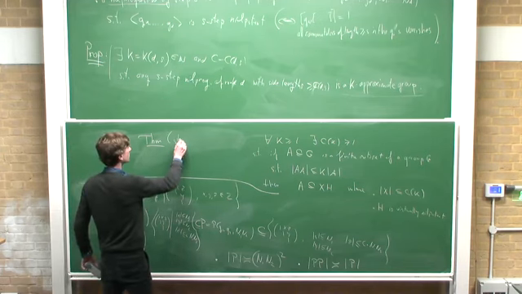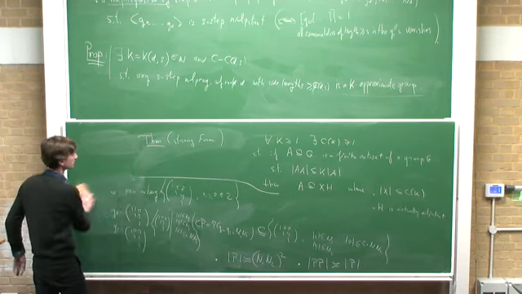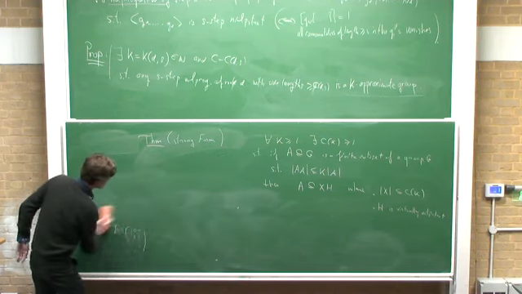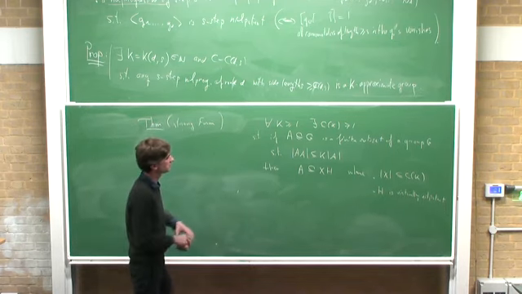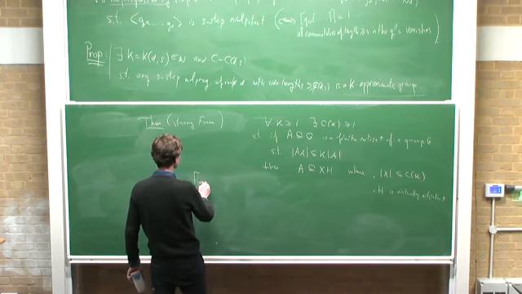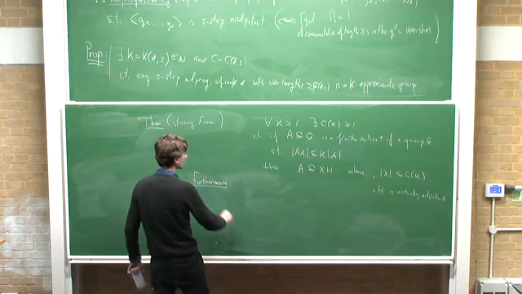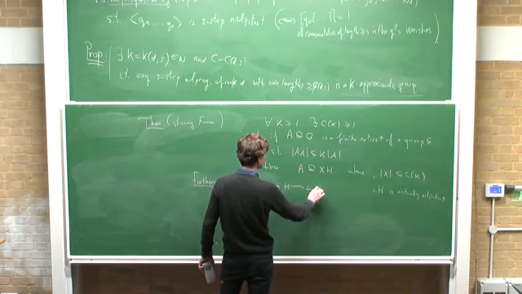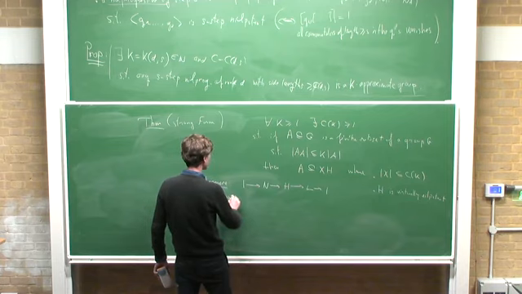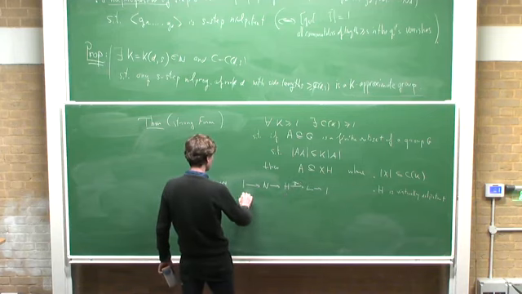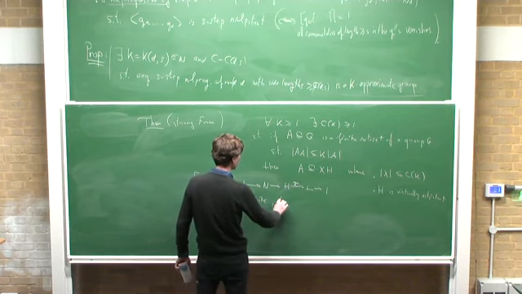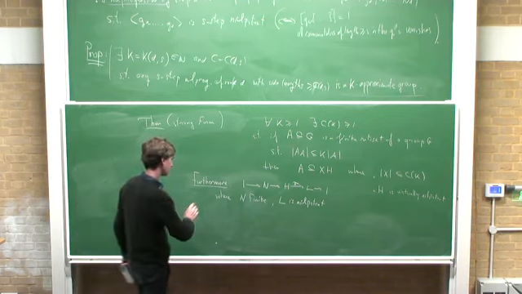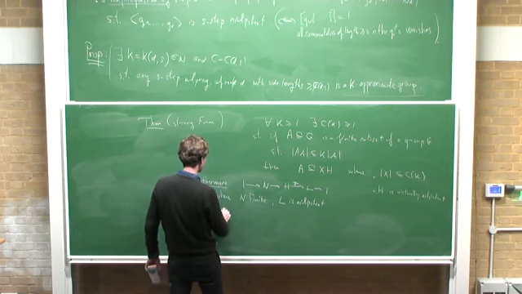The strong form says the same thing, but it gives some more information on H. So furthermore, we have an exact sequence, where N is finite, L is nilpotent, and there's this P.